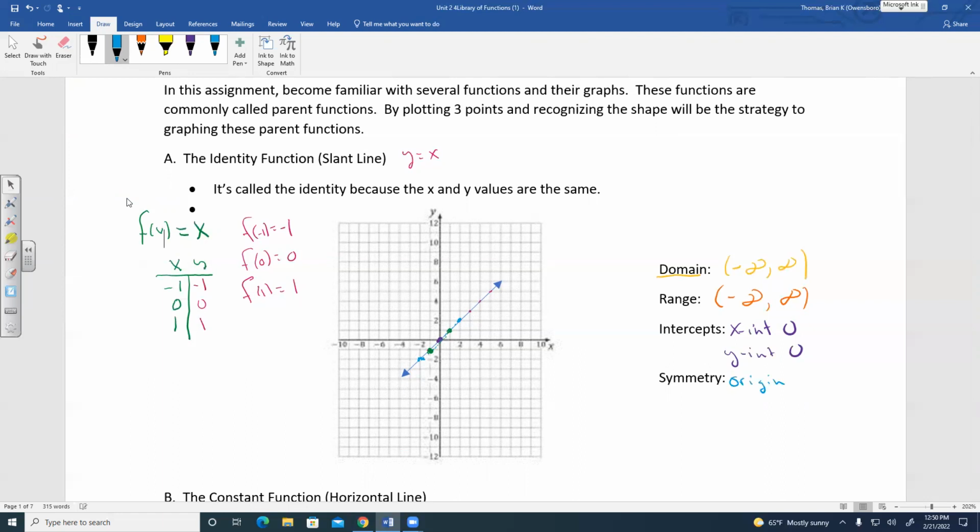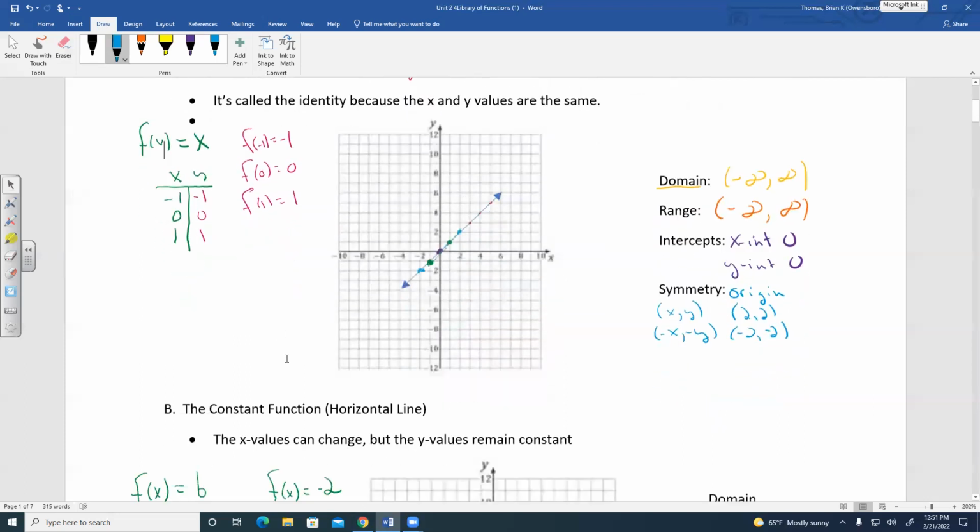Again, in origin symmetry, if the ordered pair x, y exists, then the ordered pair -x, -y must exist. So notice how we had the ordered pair 2, 2 existed, and also how we had a -2, -2 existed. So we can continue that on with quite a few points, that mirror image. So an identity function actually does have symmetry with respect to the origin.